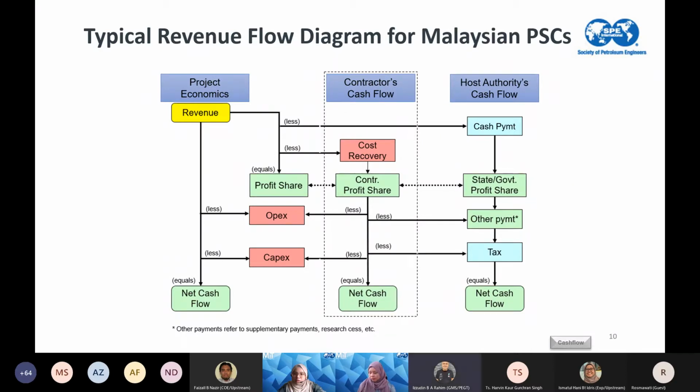Maybe from Rosma: what if the exploration or appraisal fails? Are these costs recoverable? That's a great question. With regards to PSCs and whether a cost is cost recoverable or not, typically for exploration costs, if the company only has that one asset and just one block and is trying to carry out exploration activities, that cost is typically not cost recoverable, because to recover that cost you need to have production.